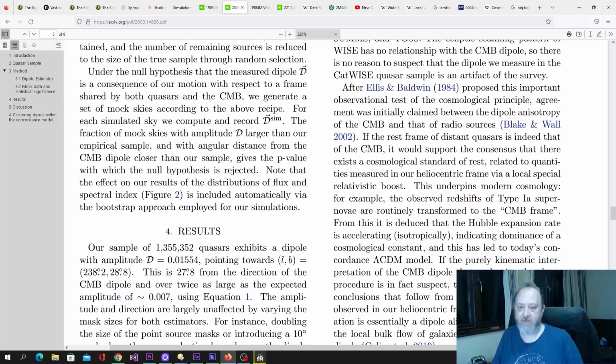If the rest frame of distant quasars is indeed that of the CMB, it would support the consensus that there exists a cosmological standard of rest related to quantities measured in our heliocentric frame via a local special relativistic boost.